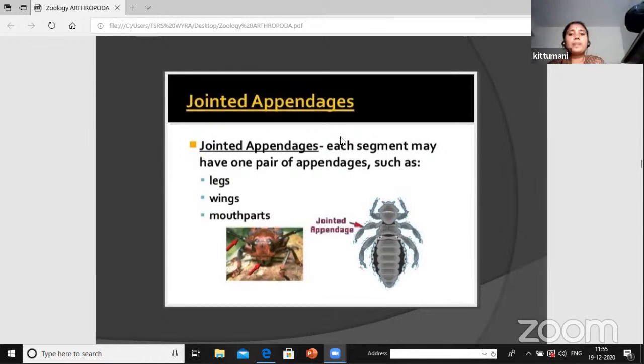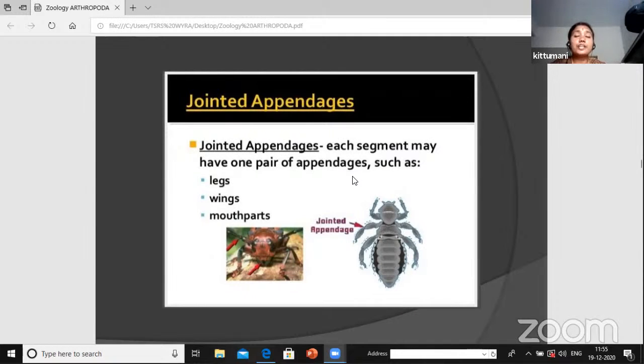We observe that each segment may have one pair of appendages such as legs, wings and mouth parts. Here we will observe the legs of one insect. It is in the formation of jointed appendages. Okay, and wings are also present, and mouth parts are also very important in the phylum Arthropoda.